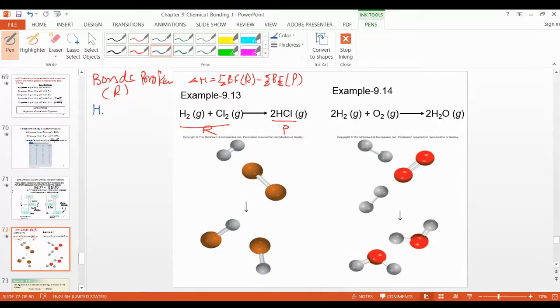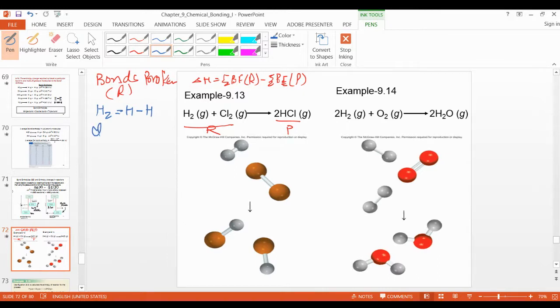Reactant means H2. H2 we can write as H single bond H. And Cl2 we write as Cl single bond Cl. So this bond is broken, and this bond is broken.